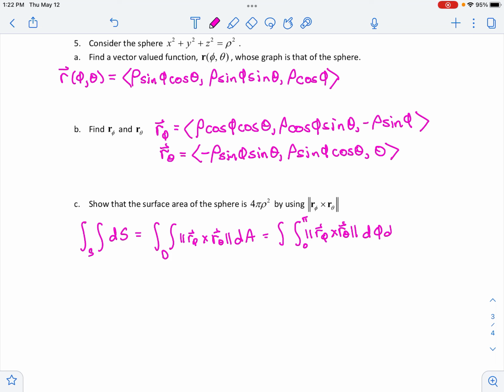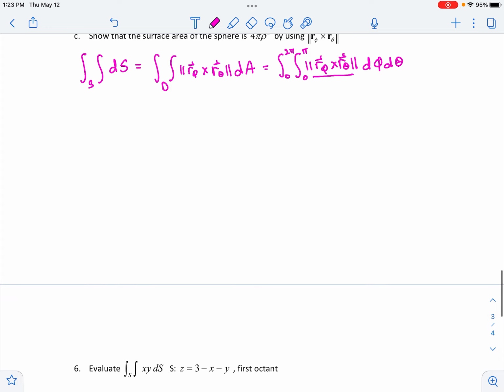And theta is going to go from 0 to 2 pi. So all you would do is find the cross product of these things that we just looked at in part B, and then you would set up your double integral. And that's all you do on those.